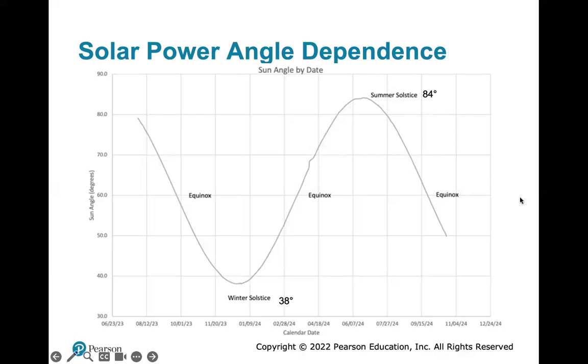And you can see at each equinox, around March 20th, 21st, and September 20th, 21st, the equal day and night, it's at about 60 degrees. So we're getting almost direct, perpendicular sun rays at the summer solstice, and in the winter solstice they're at 38 degrees, and we can certainly feel that. That's why we're so much hotter in the summer.